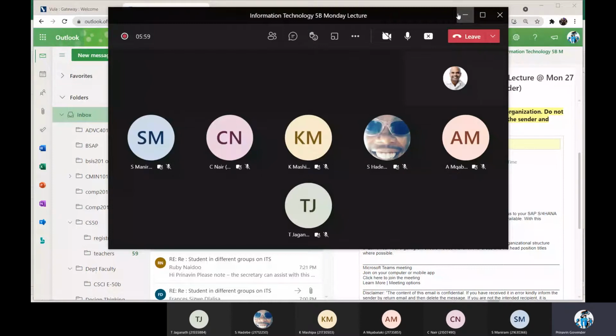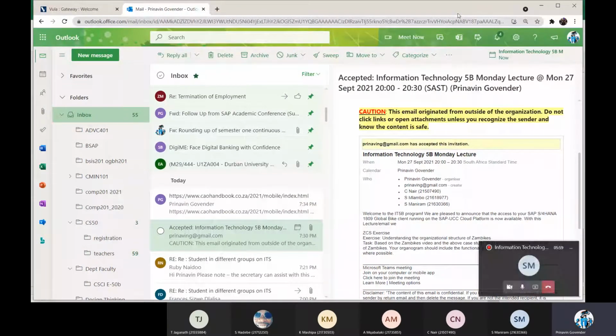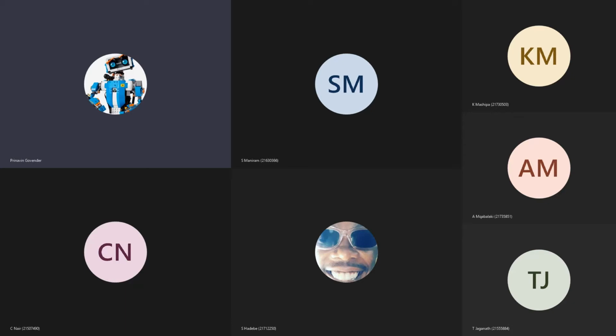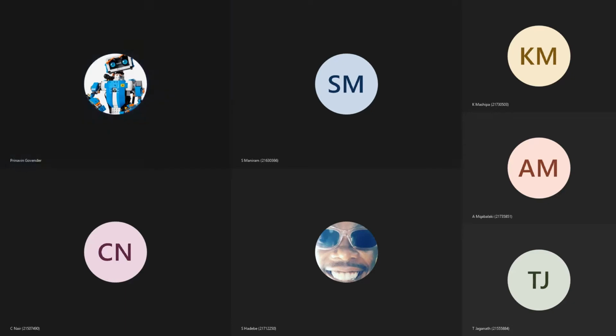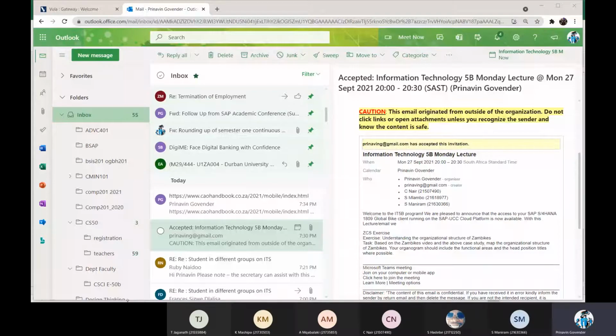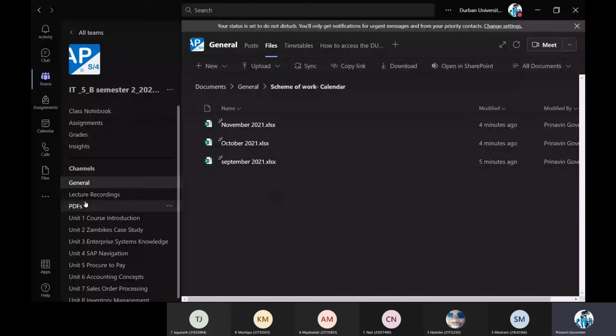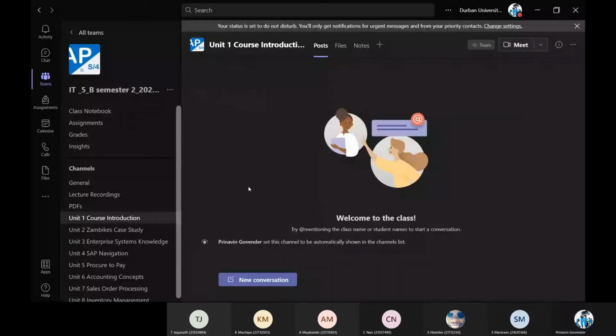Okay, so today I actually went and created channels inside our MS Teams class. If you look at our MS Teams, this is what I've done. Can someone, Mr. Naya, just tell me if you can see? It says Unit 1, Unit 2, Unit 3.